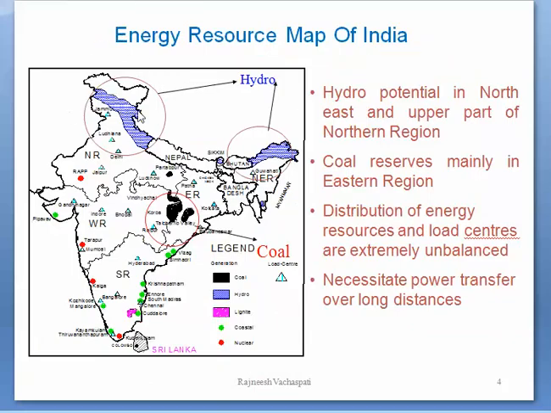Now here we can see the energy map. You can see from this, the northeast and upper part of the northern region are blessed with hydro potentials. Coal reserves are mainly in the eastern region. The distribution of energy resources and load centers is extremely unbalanced.